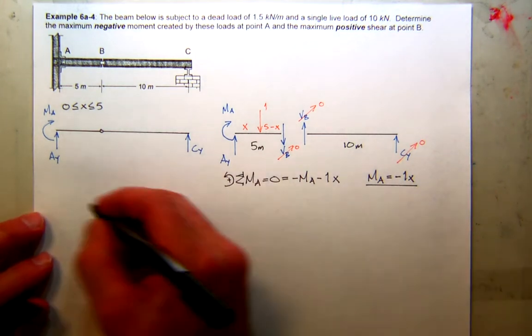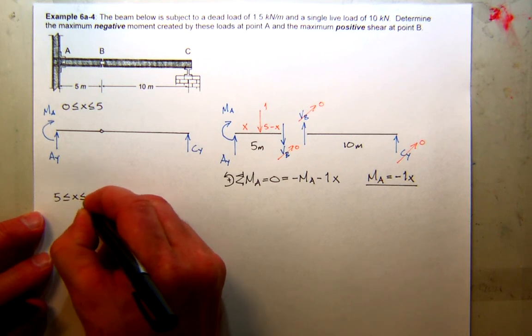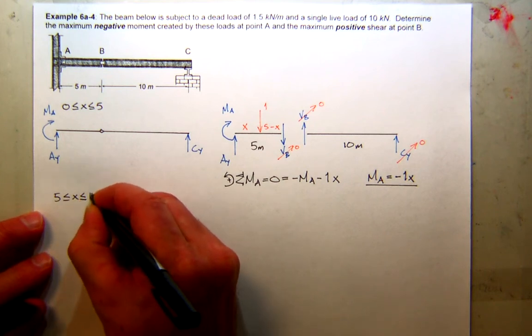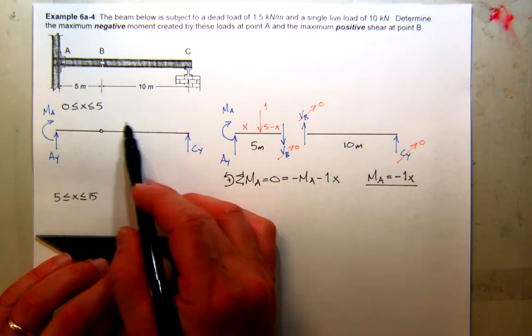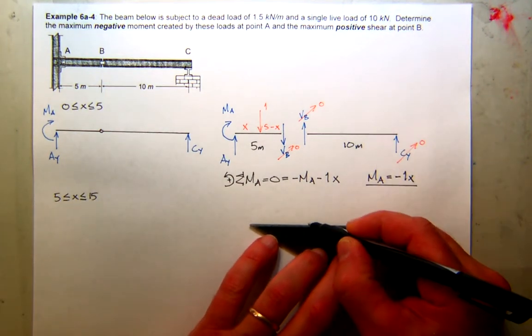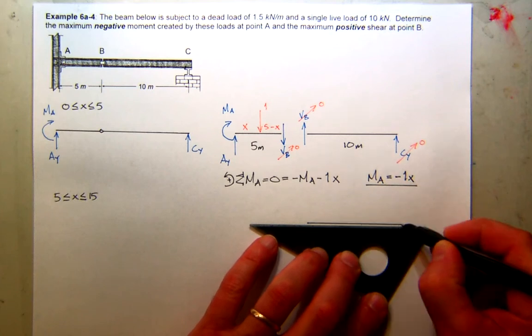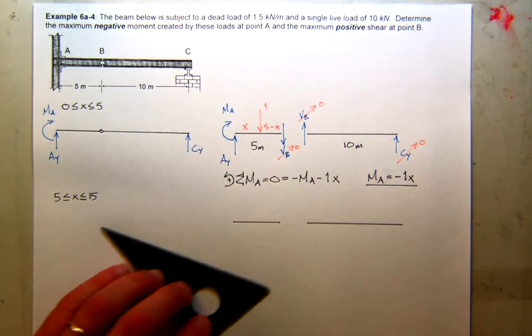So what's the situation when we go from 5 to 15? That means my unit load is here somewhere. So in that sense, what free body do I use? Well, I'll come here and show you. I'll redraw these just the way I did before so you can see the difference.